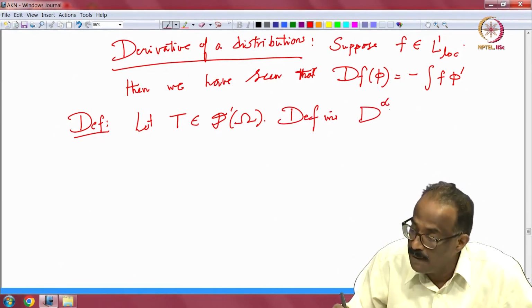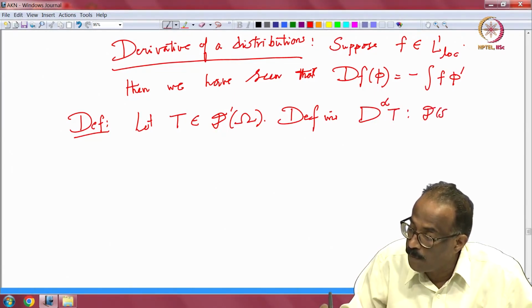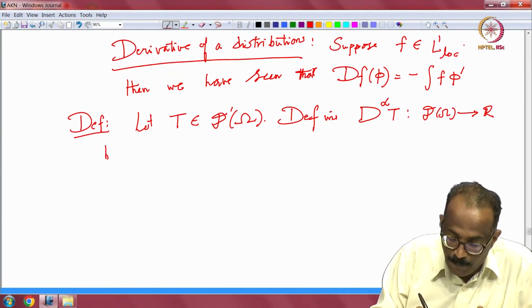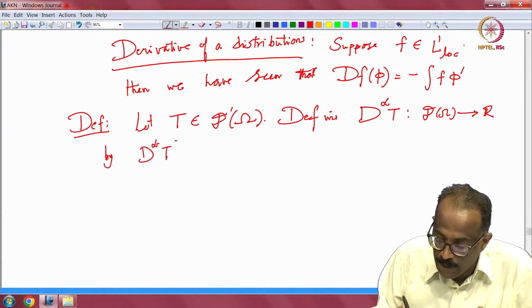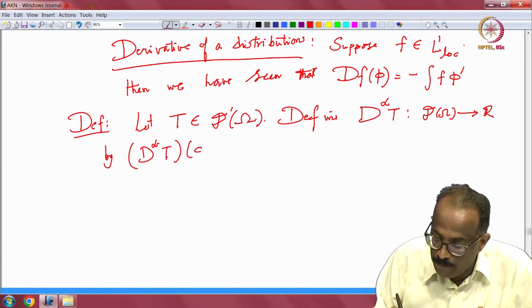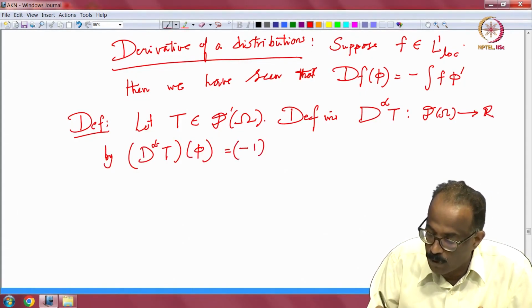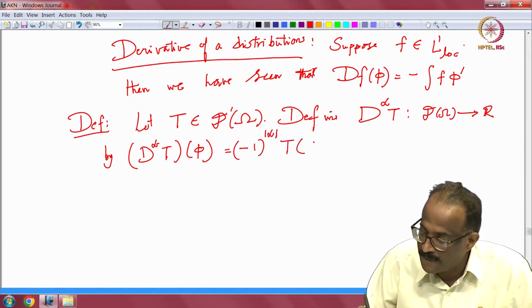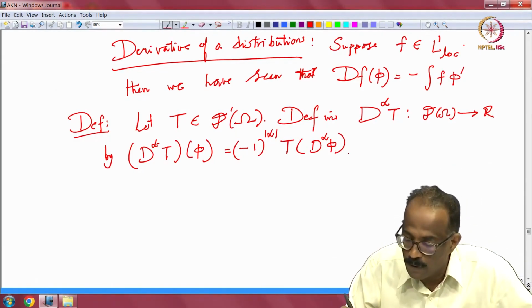We define D power alpha of T from D(Omega) to R by D power alpha of T acting on phi equal to minus 1 power mod alpha, T acting on D power alpha of phi.